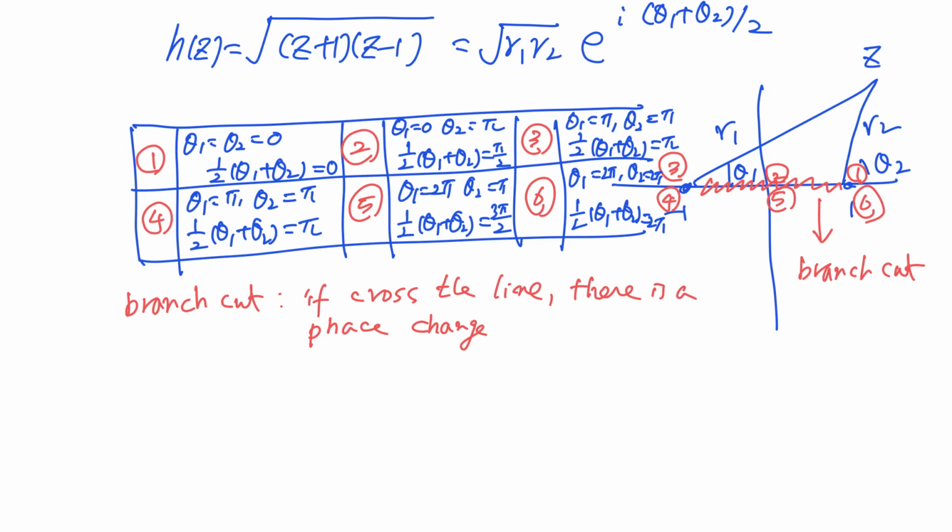So can I ask something? Yes. Why do you define h3 as the square root of r1 times r2, times e to the sum of the angles divided by 2? Oh, I mean because we have the original integral. If you take a look at the original integral, it is given in terms of this.